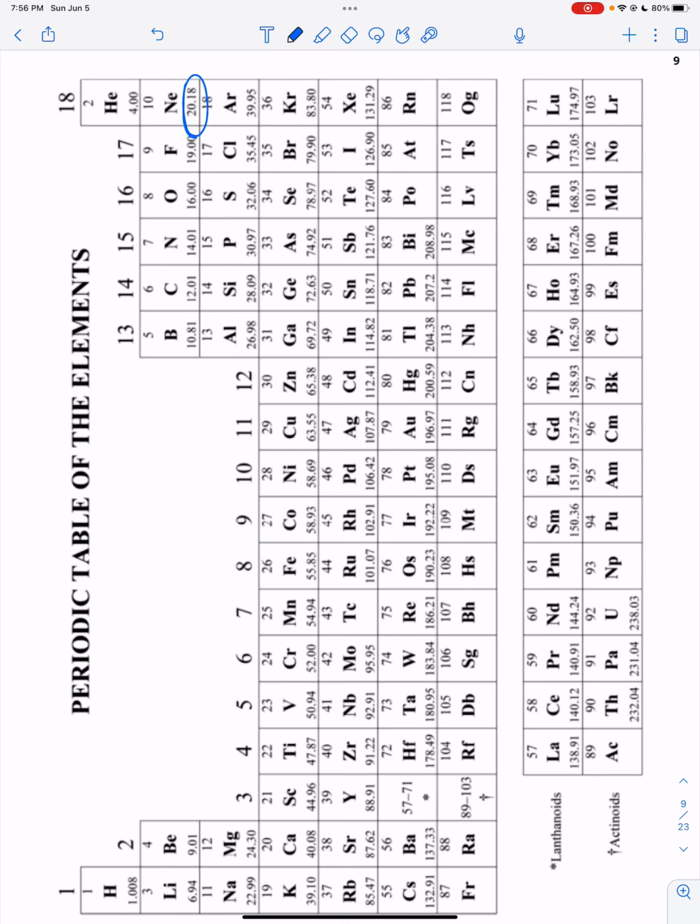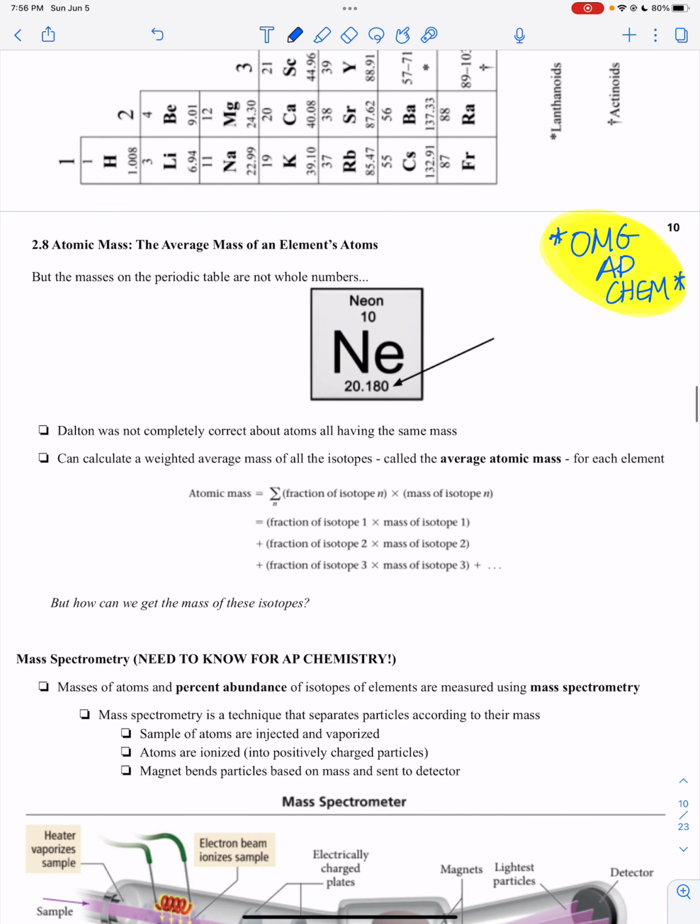The mass right here at the bottom, if we look, this mass is not a whole number. How do you get a decimal from protons and neutrons that are whole numbers? How do we get 20.180 for neon?